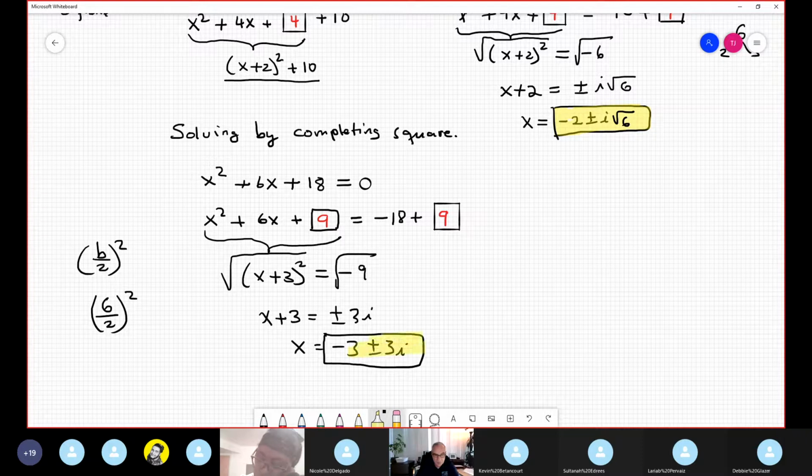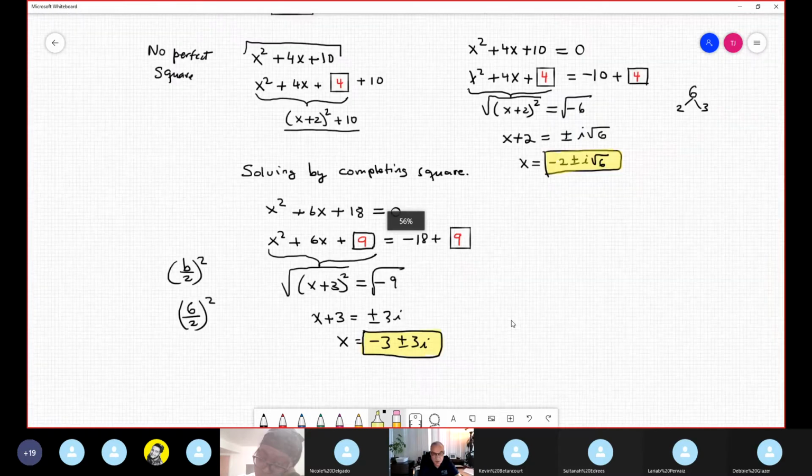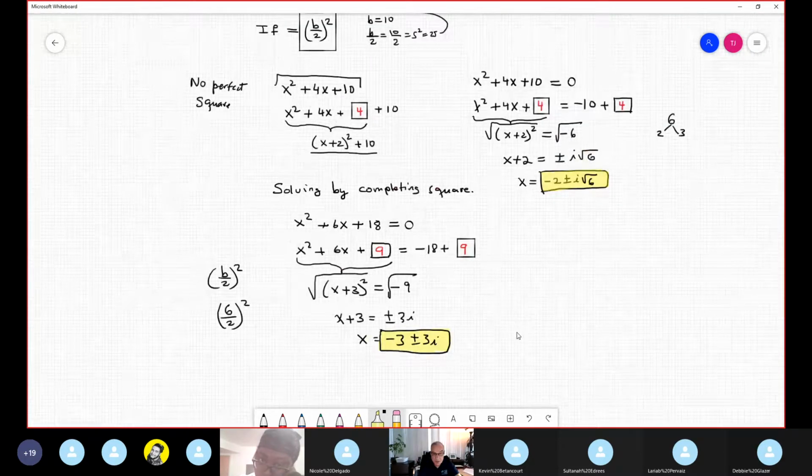Okay, this is a solution by completing the square. My recommendation is don't do that, except when it is mandatory, because the course expects you to know that part since we are using it in another chapter. However, in my opinion, the most efficient way for solving a quadratic equation is using the quadratic formula.